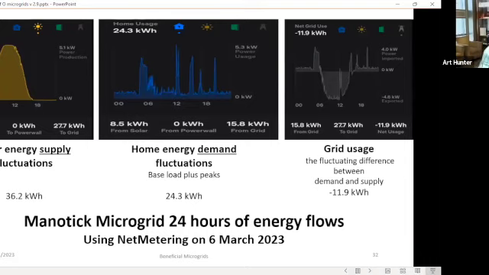Just wanted to show some of the performance of what was happening on my system back in March of '23. It was a very good solar day. As you can see, over 24 hours here, the sun rose, reached its maximum and dropped off again at sunset time. And that was my generation. There's my supply. In the meantime, this is what my demand was. And of course, it's totally different in shape.